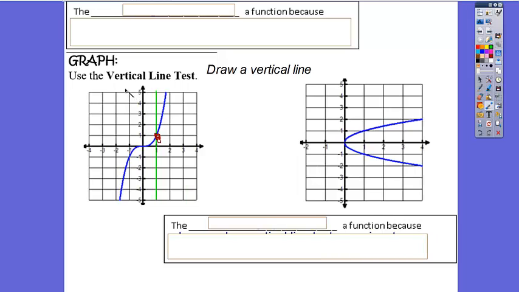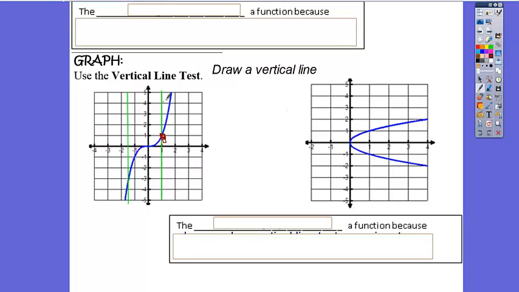If I draw a line over here, even in the middle of -1 and -2 at -1.5, I've only crossed my blue line at one point, this point right here. So this shows me that this is a function because when I do the vertical line test, I only cross the line one time, meaning each x value only has one possible y.